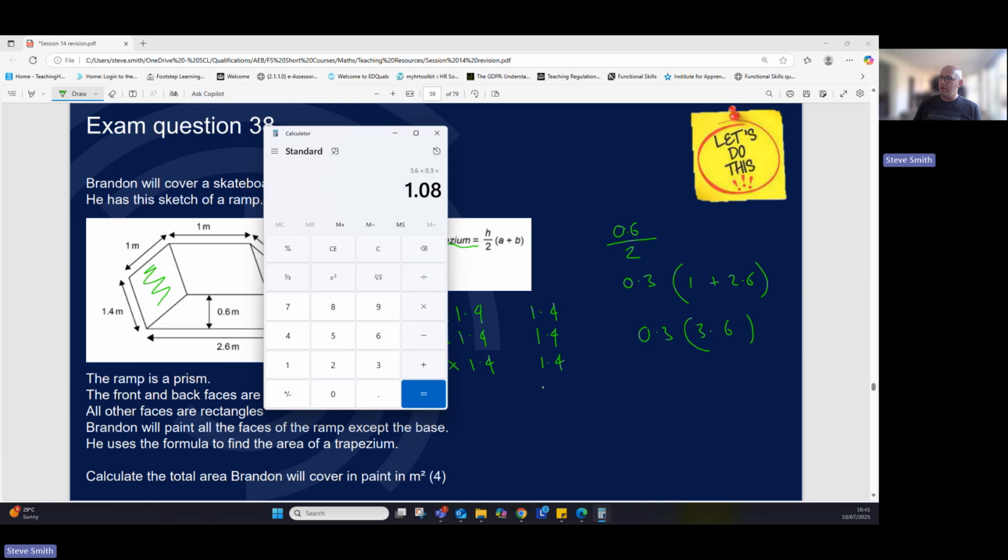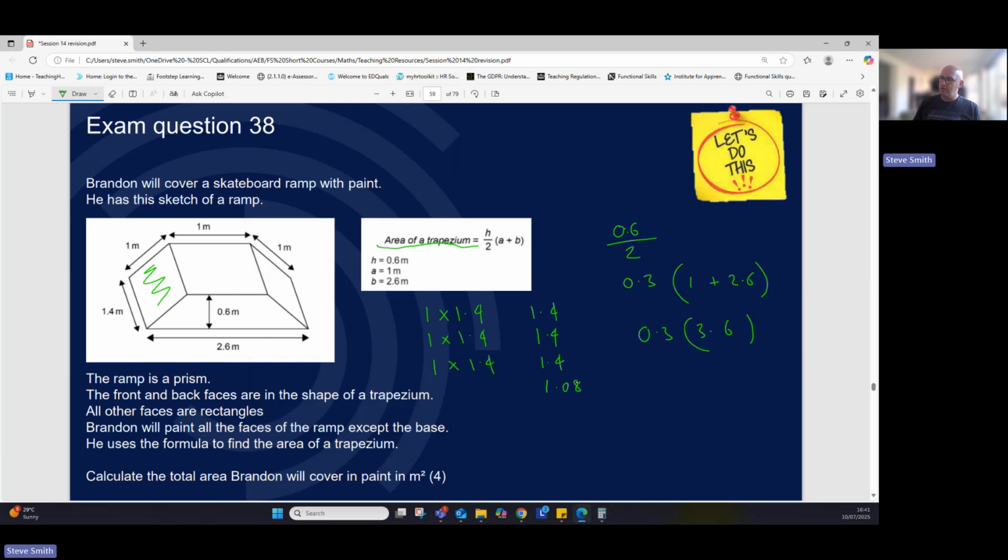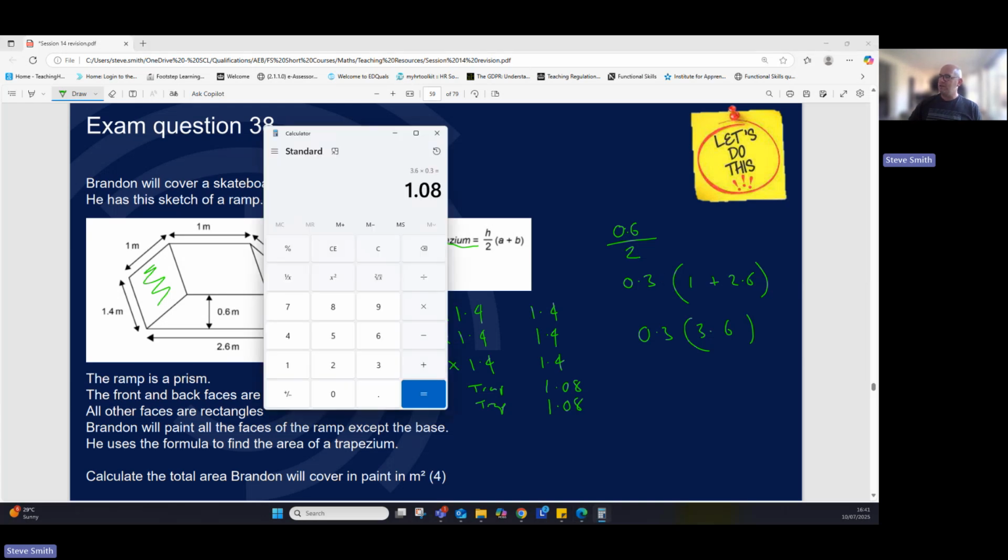And we've got the front and the back, don't forget, 1.08, because we've got trap and trap. Definitely got that right with 3.6 times by 0.3. So 3.6 divided by 10 is 0.36.